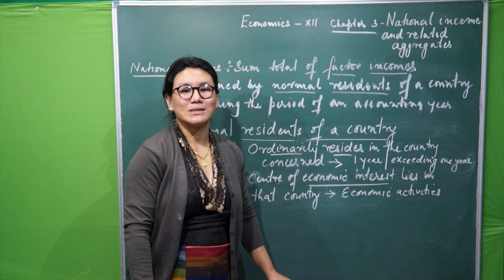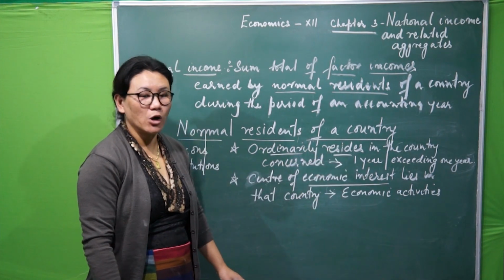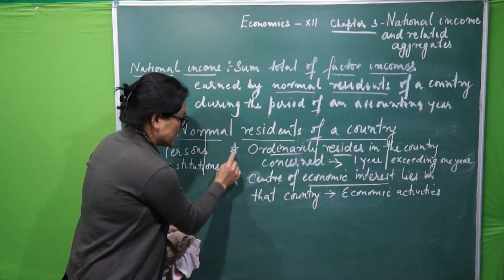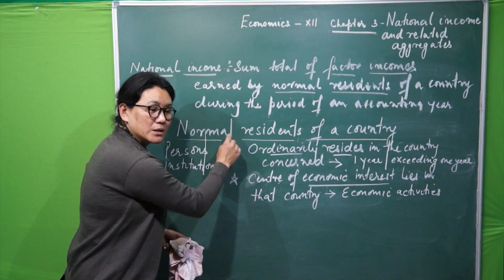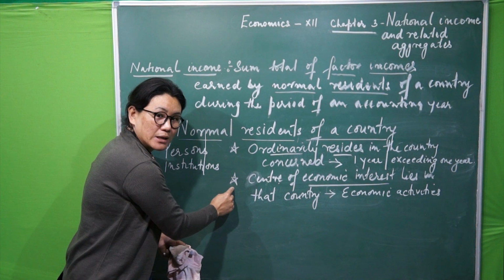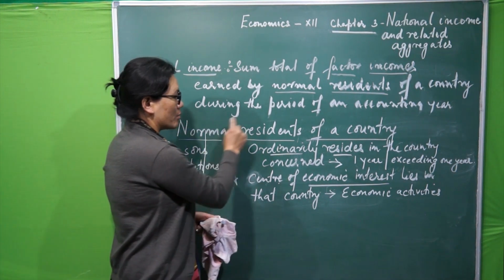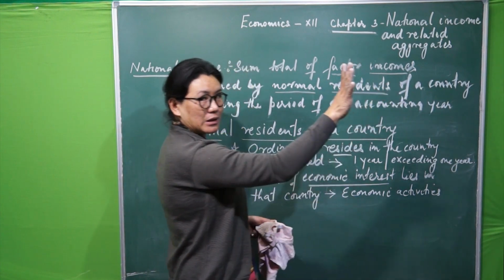So I repeat, these two are the conditions, the rules, that have to be followed to call any person a normal resident of a country.